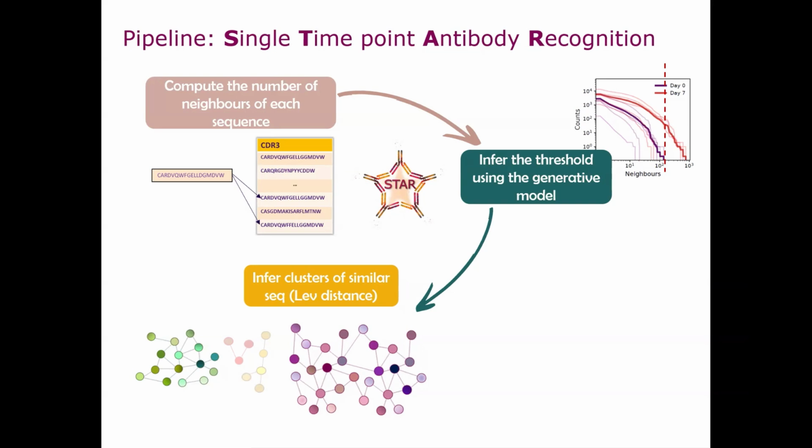Okay, so the biological intuition of why this works is the germinal center reaction. We have clonal expansion, and you're trying to find the most likely clusters related to the antigen.